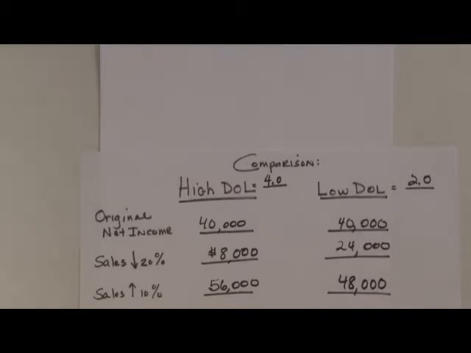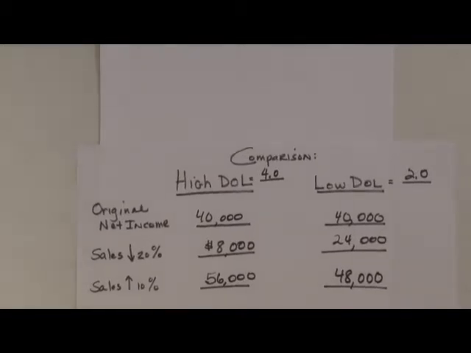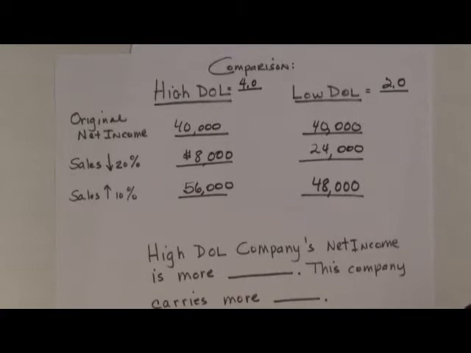Now, by looking at these side to side, you can see that the high DOL net income was much more volatile, much more sensitive to changes in sales, both when we dropped in sales and when we increased our sales. So let's draw a conclusion from what we see.